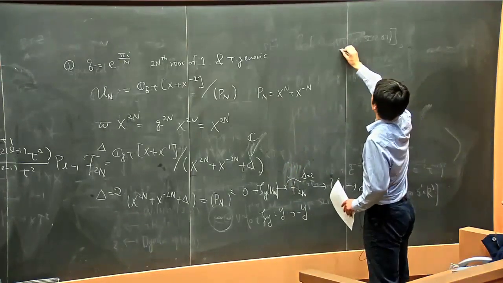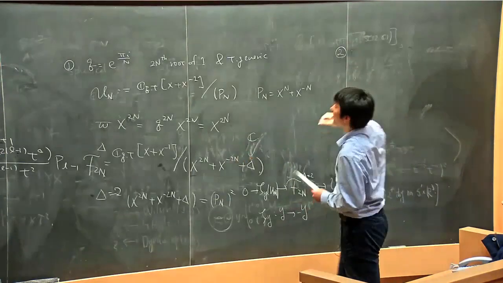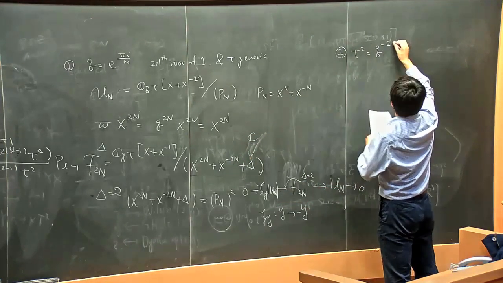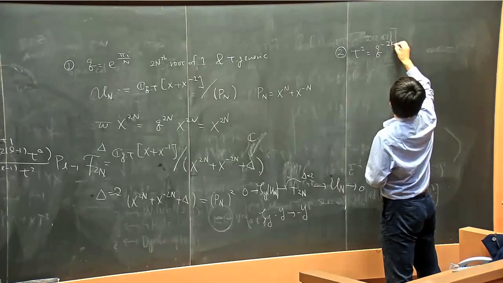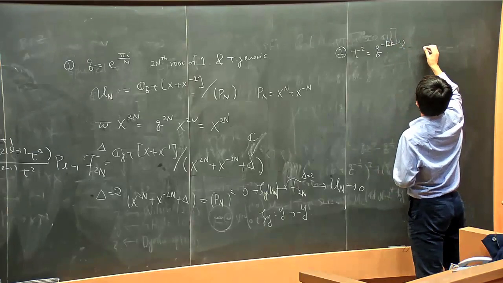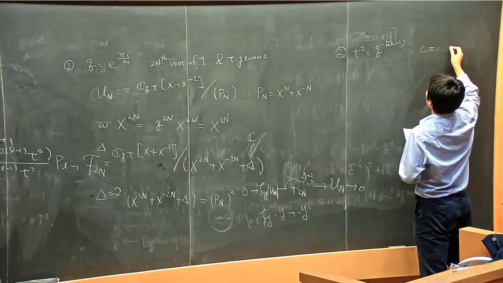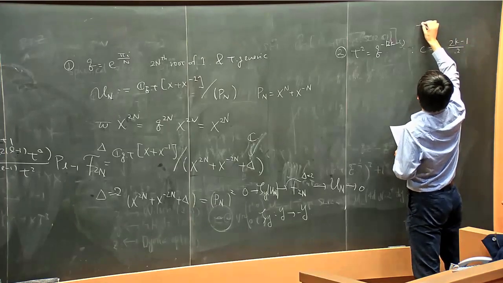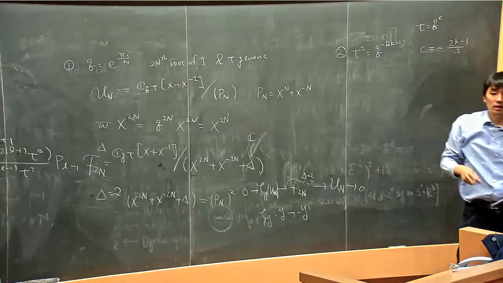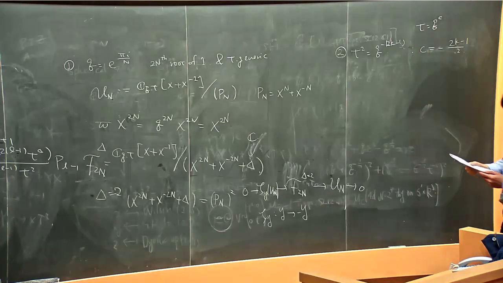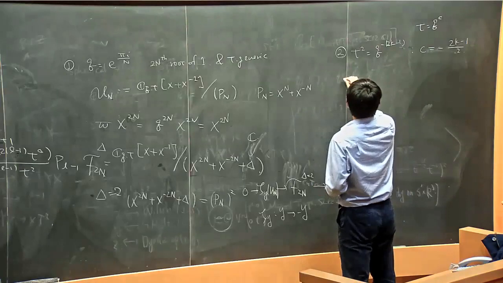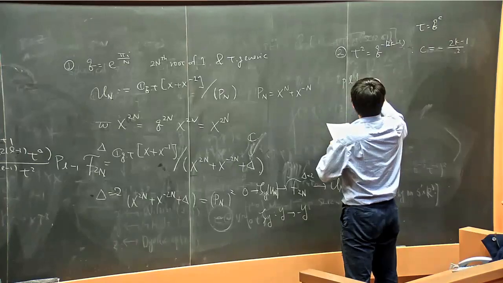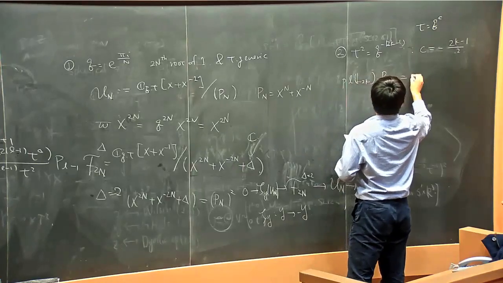And the second case is when t squared is equal to q to the minus 2k minus 1. So I call the central charge minus odd number over 2. Remember that the central charge is defined by the relation between t and q. In this case, the polynomial representation acts on 2k, which annihilates the Macdonald polynomial.